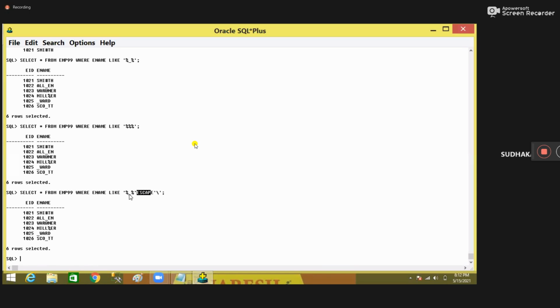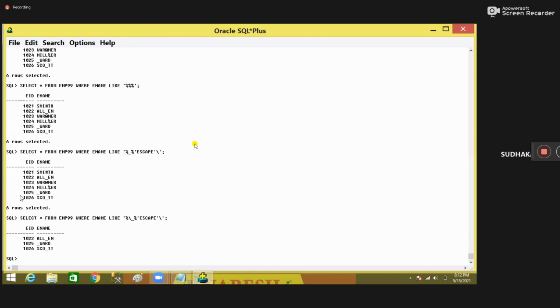How do we identify this underscore as a special character? You have to write like this: percentile slash underscore percentile. Now you can write escape slash and execute.